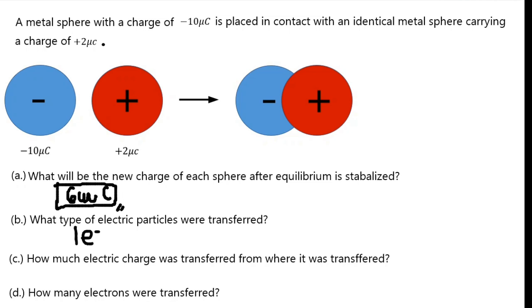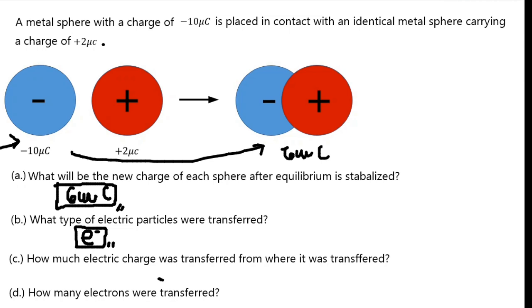What type of electric particles were transferred? It is electrons. In a conductor or a metal, only the valence electrons will be transferred, and it's not the protons that move. It is just the valence electrons. How much electric charge was transferred? We're going to calculate this: negative 10 microcoulombs, and then how many electrons were transferred?